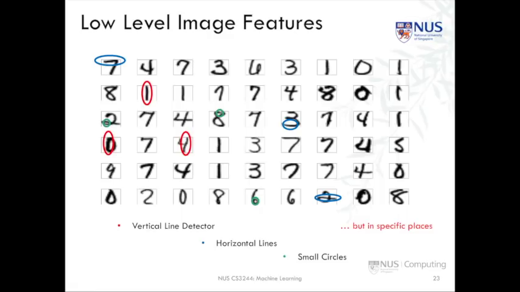The important thing here is that these filters are for particular places. So what we want to do is find a way to make the calculation of these features invariant to their position. It shouldn't matter whether we find a line in the upper part or in the lower part.